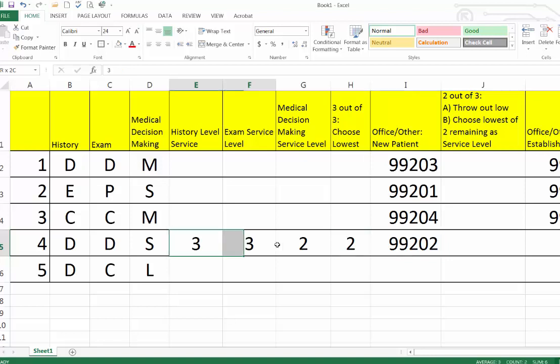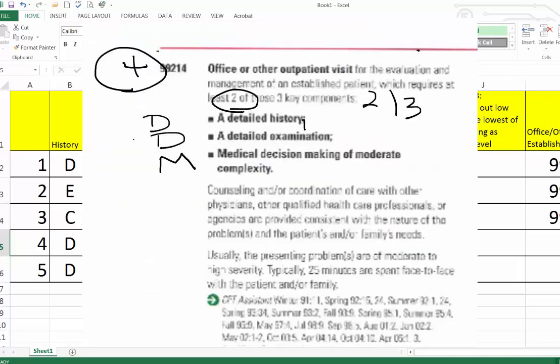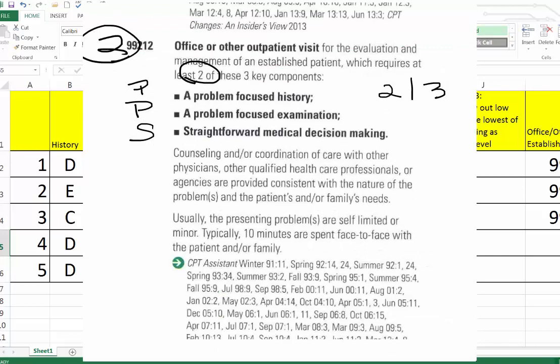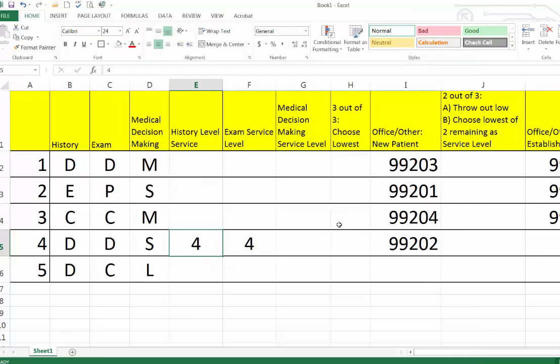So now let's go look at established patient. I have a detailed history, a detailed exam. Those are both service level 4s. And then my straightforward decision making is a service level 2.